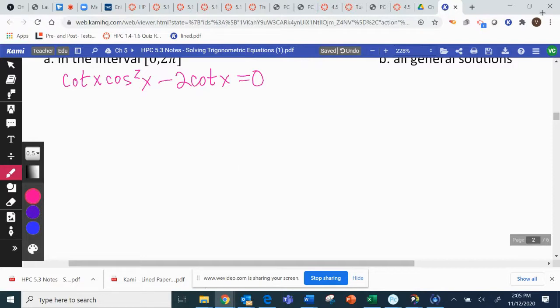And we have a cotangent x. So I'm left with cosine squared x minus 2. Once it is factored, now I can separate the factors and set each factor equal to 0 and solve for each factor.